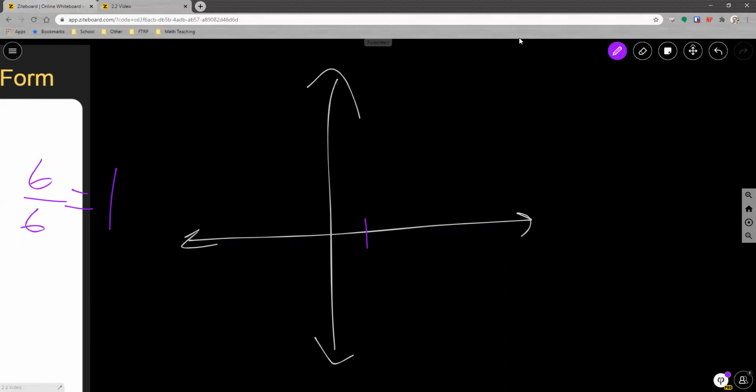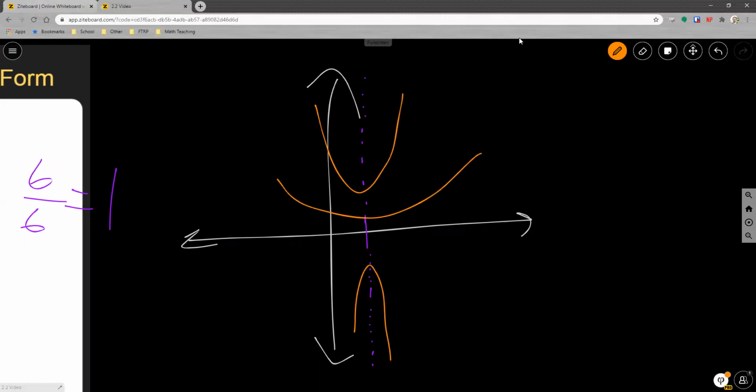So I'm just going to put a dashed line here. This is my axis of symmetry. It's going to cut through this parabola, wherever the parabola is. It could be a parabola that looks like this. It could be a parabola that looks like that. It could be a very wide parabola. I'm not exactly sure, but I know it's going to be cut right down the middle by this line, x equals +1.